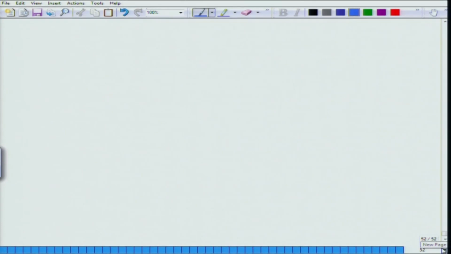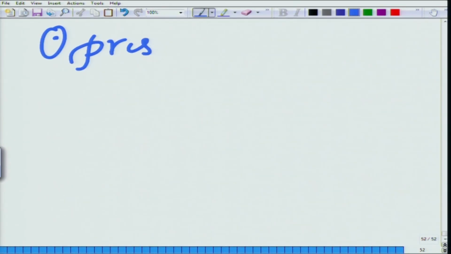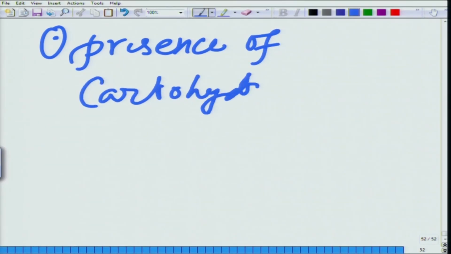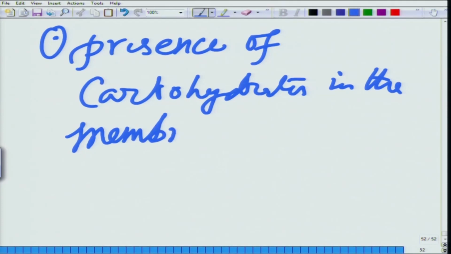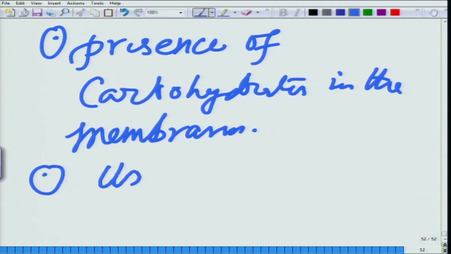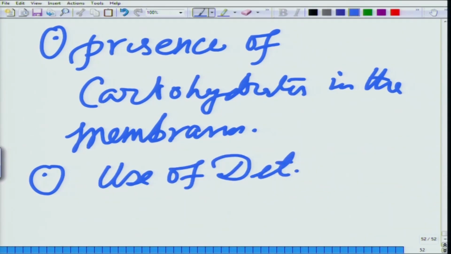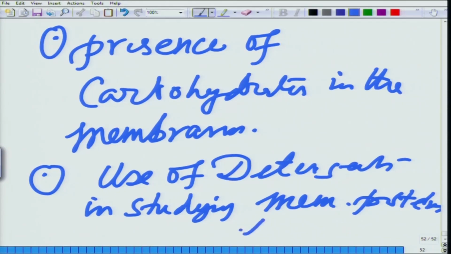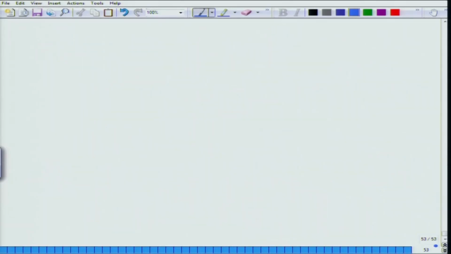Then we will be talking about the presence of carbohydrate in the membrane, and last we will be talking about the use of detergents in studying membrane proteins. So, these are the topics which I am going to pick up in this section.